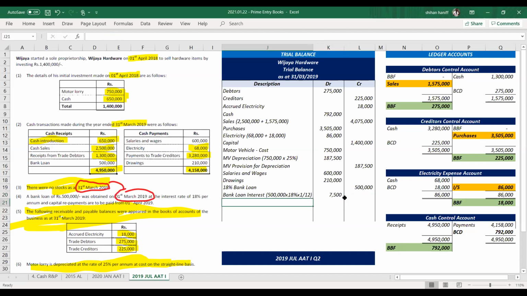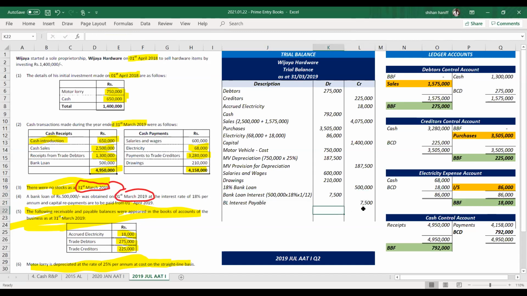$7,500. So interest expense account debit, bank loan interest payable account credit, 7,500. Expense account debit, payable account credit.